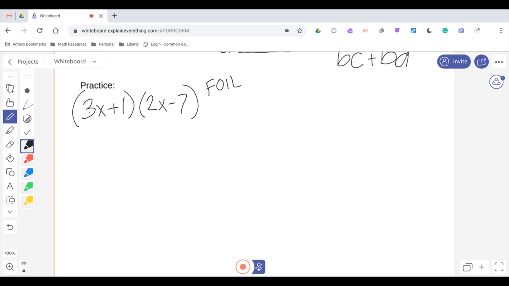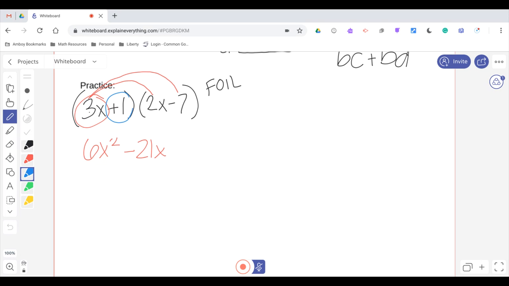FOIL means that I'm going to take 3x and multiply it by 2x. So 3 times 2 is 6, x times x is x squared. And then I'm also going to take 3x times negative 7. So 3 times negative 7 is negative 21, and I need to include that x.